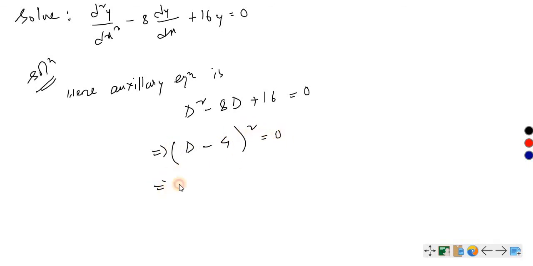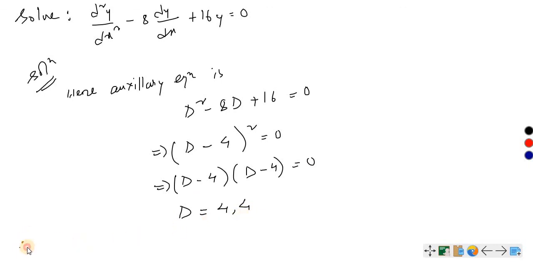So here you can see D minus 4 means D equals 4, 4. So here the roots are real and equal. So case number 2 will be applicable here.